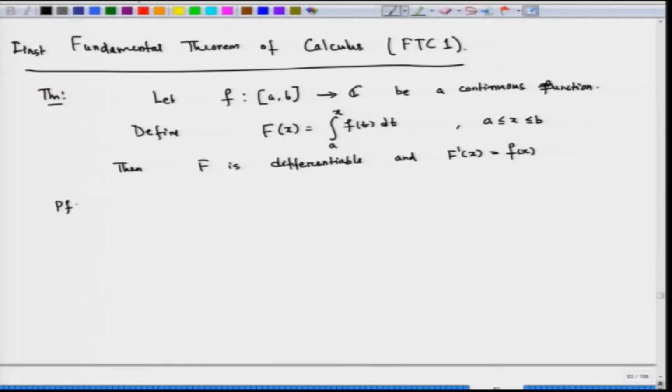Okay, so, as you can see in this theorem, we are assuming f to be continuous.